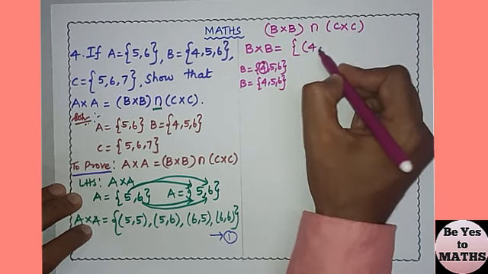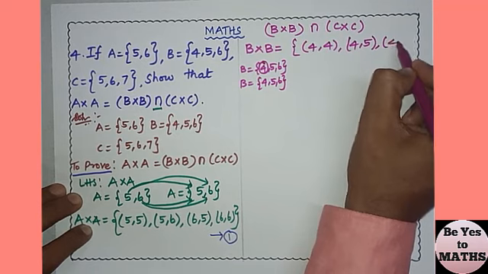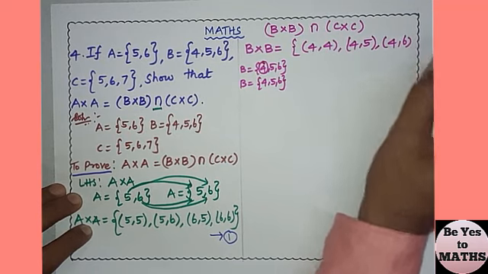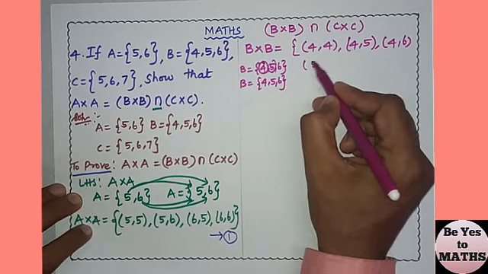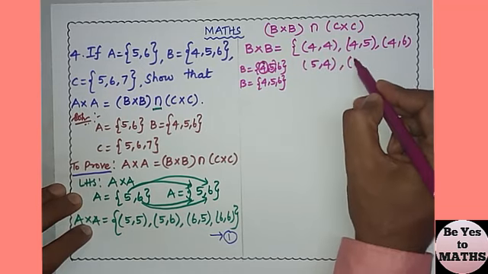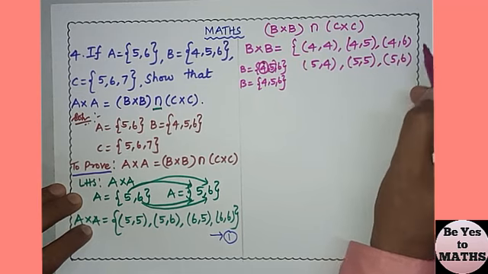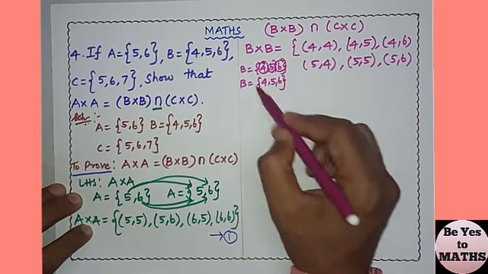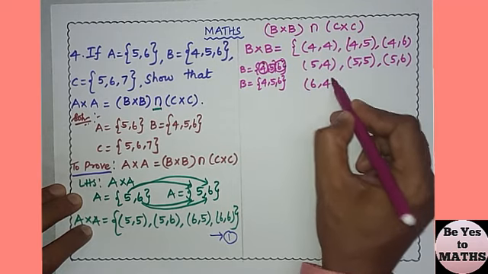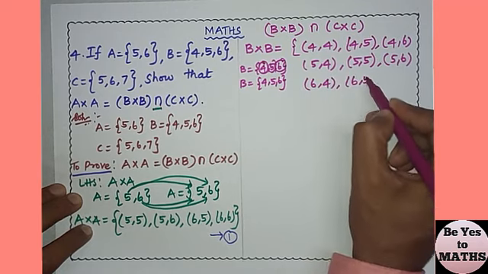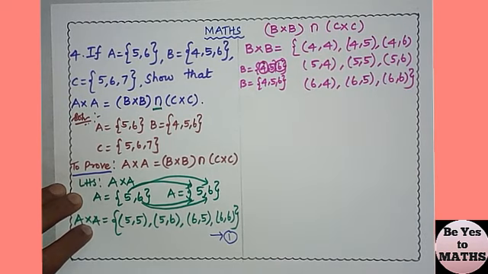So (4,4), (4,5), (4,6). Now take 5 and pair with all the elements. (5,4), (5,5), (5,6). Now take element 6 and pair with all the elements in the other set. So (6,4), (6,5), (6,6). This is B cross B.